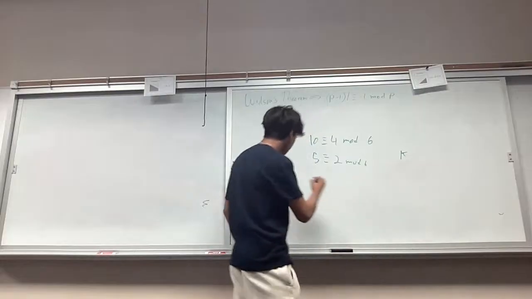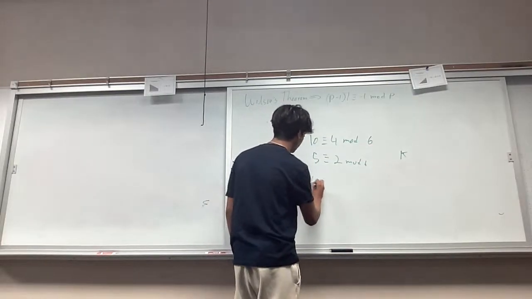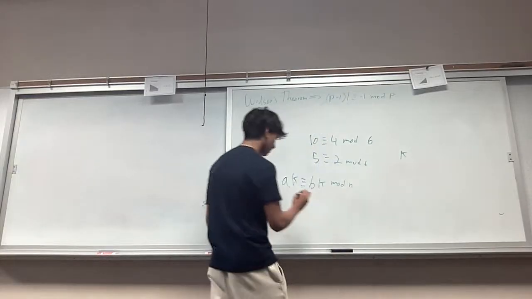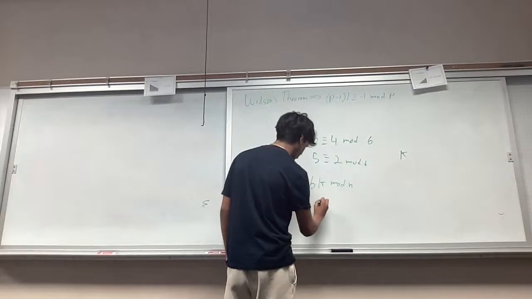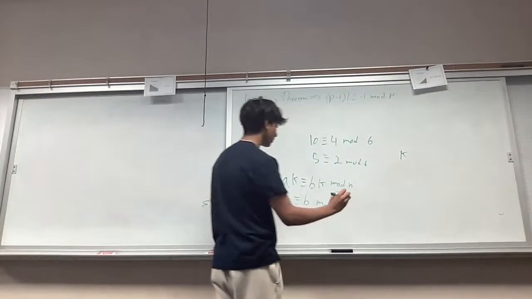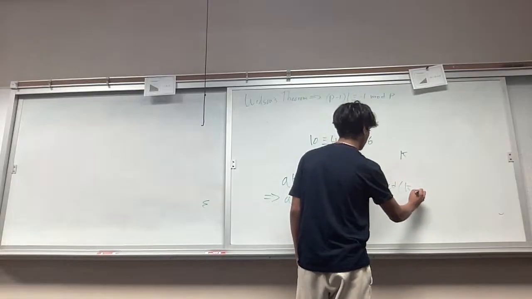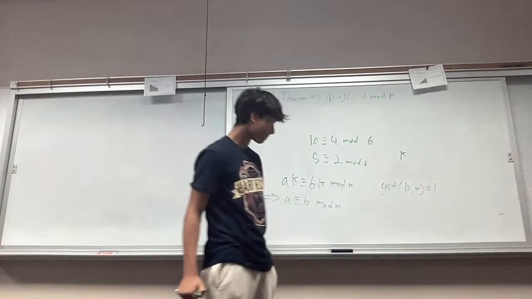But look at the homework. It says ak is congruent to bk mod n. You can only divide both sides and have a true congruence if and only if the GCD of k and n is 1. That means k and n are coprime.